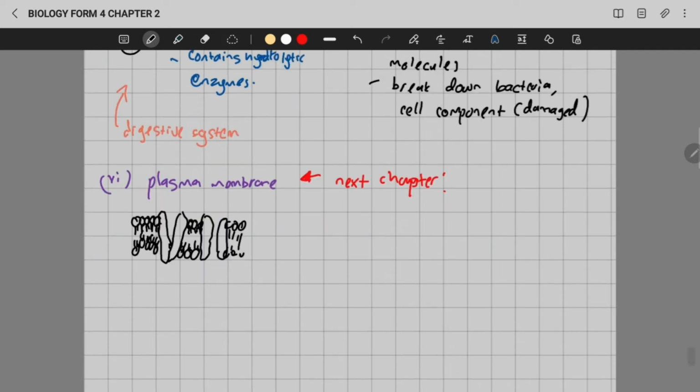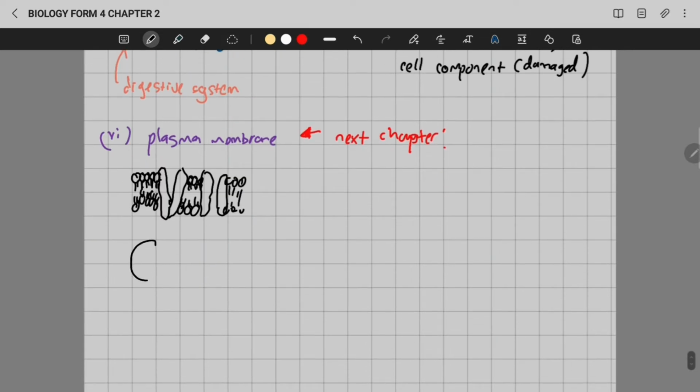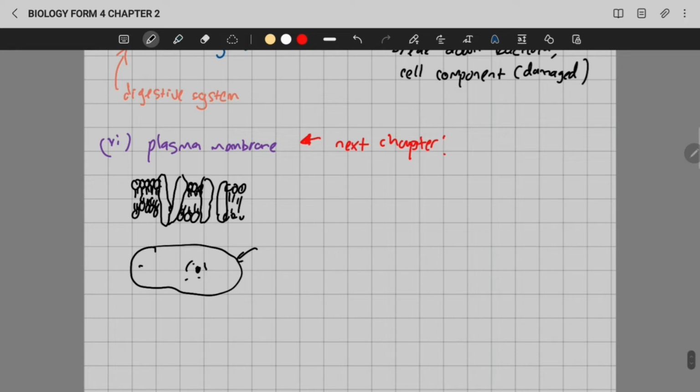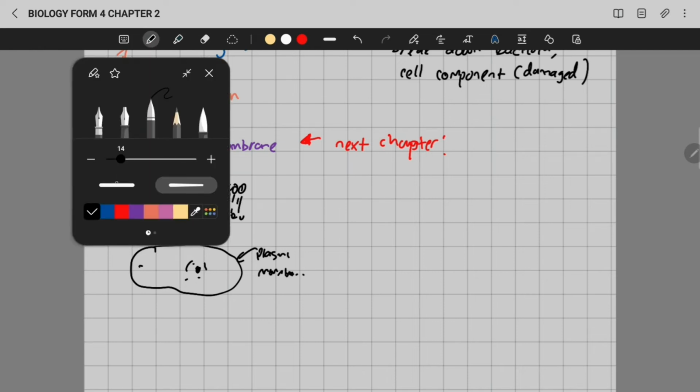So no need to worry. If you are going to draw a cell, you just draw a single line, a dot here, a dot, and so on, like I drew before. So this is the plasma membrane. So what is the plasma membrane itself?